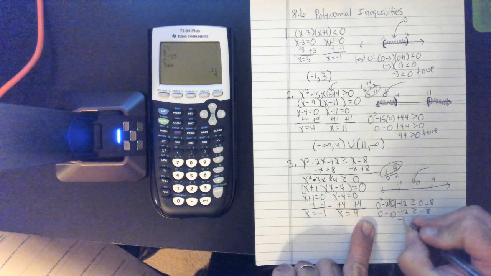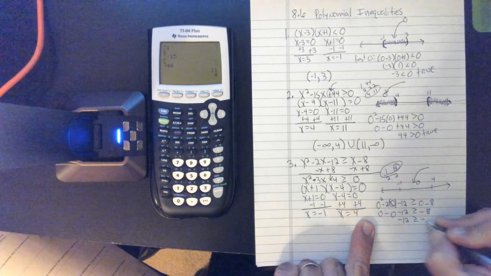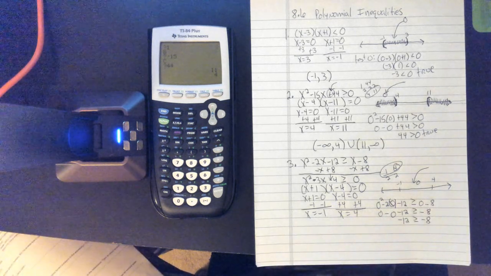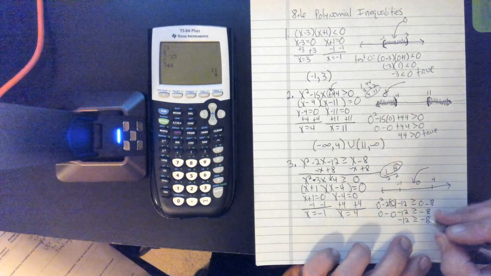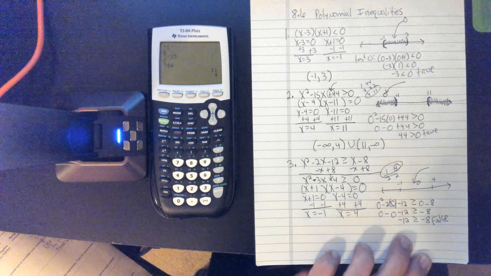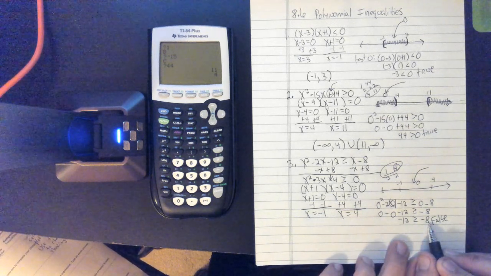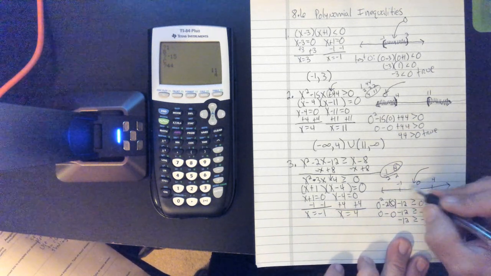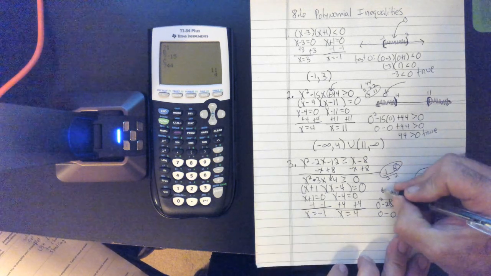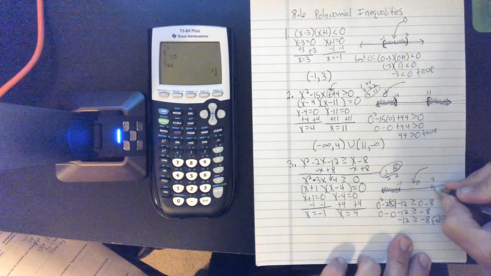So is negative 12 greater than or equal to negative 8? No, this is false. Negative 12 would be less than negative 8. So since it's false where the 0 was, I gotta shade the outsides.